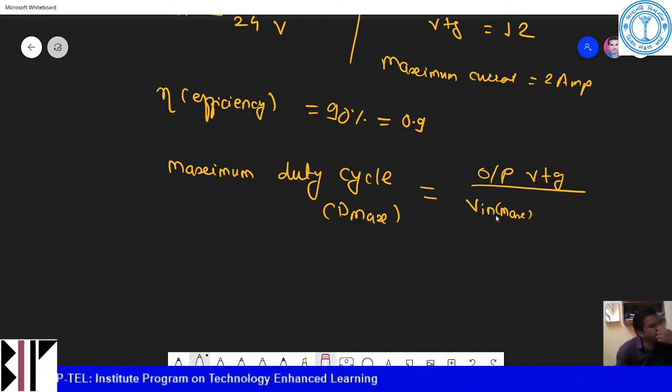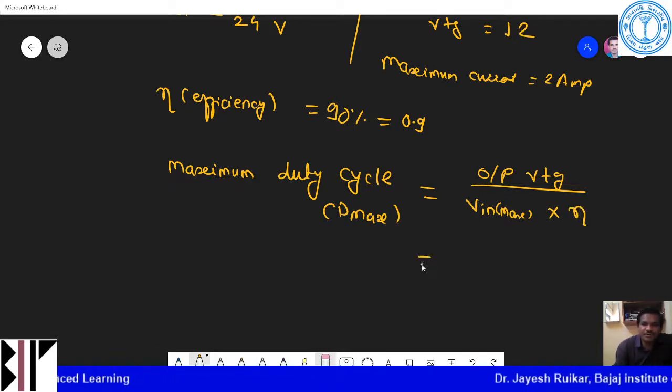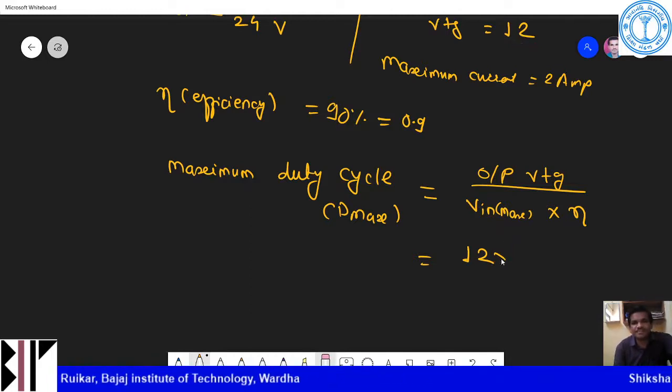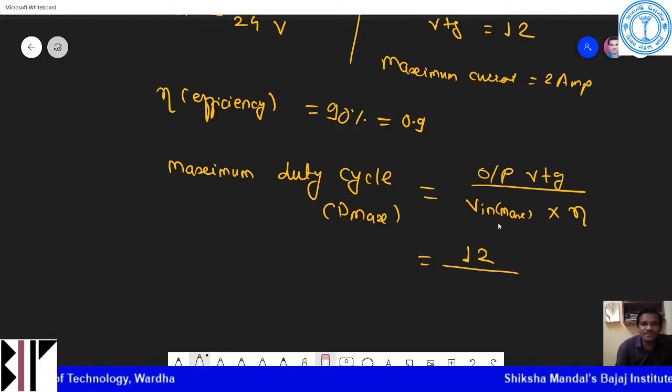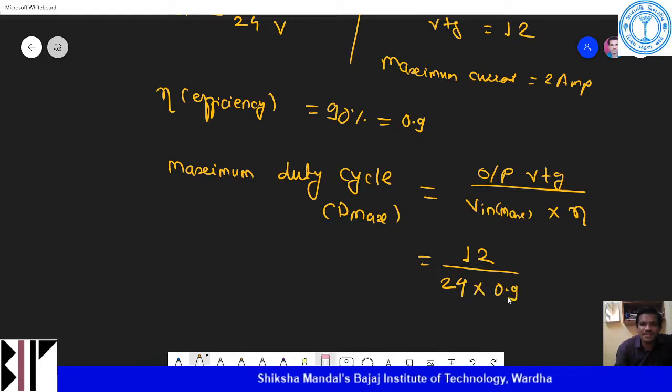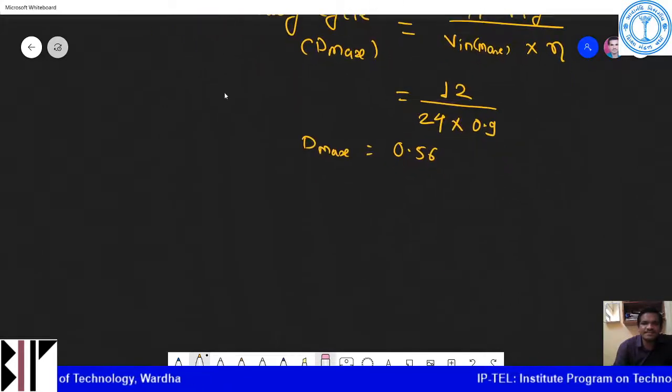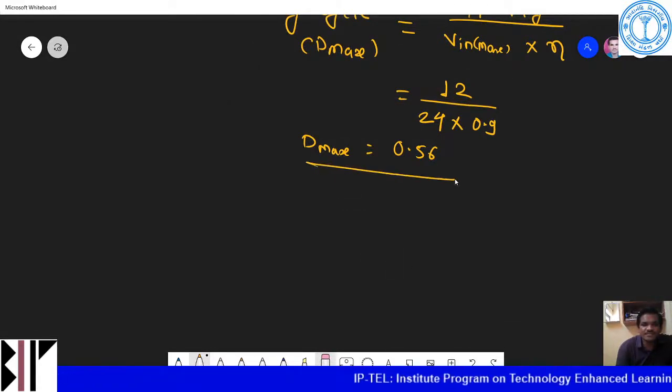What is the output voltage? 12 volts, divided by V in maximum, the maximum input voltage, that is 24, multiplied by the efficiency, 90%. So my D max is 0.56, the maximum duty cycle.